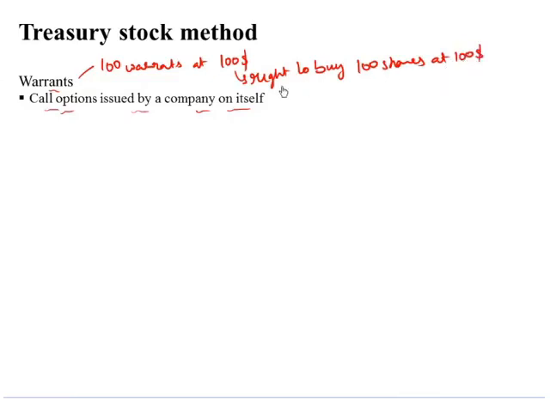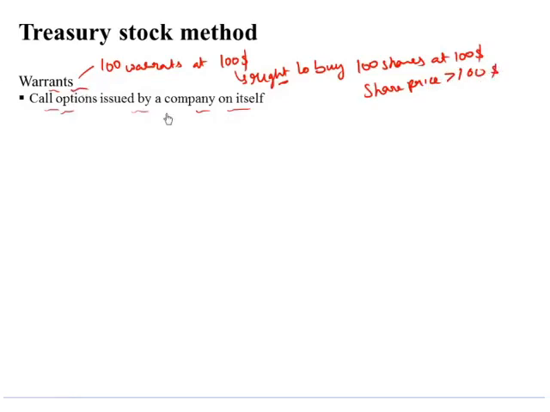When will I exercise my right? If the actual share price is greater than 100. If the share price is less than 100, I will not exercise the right. That's what a warrant is.